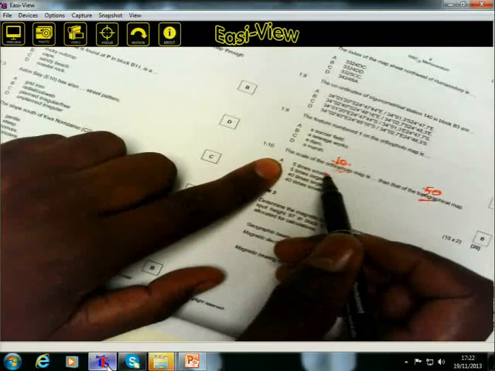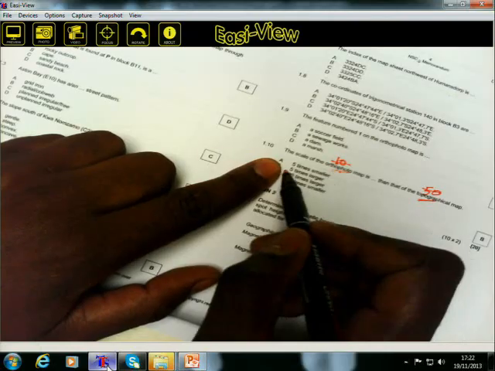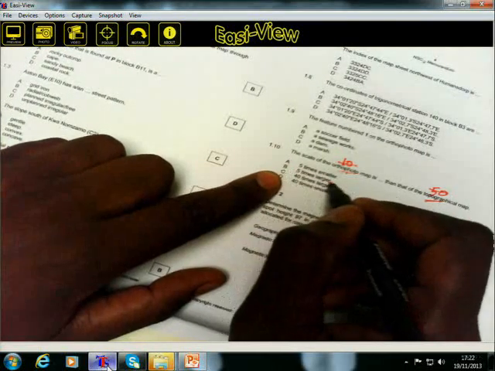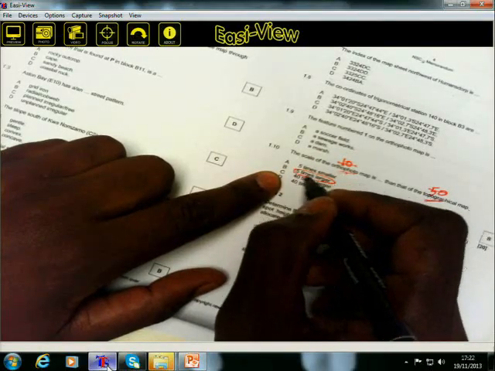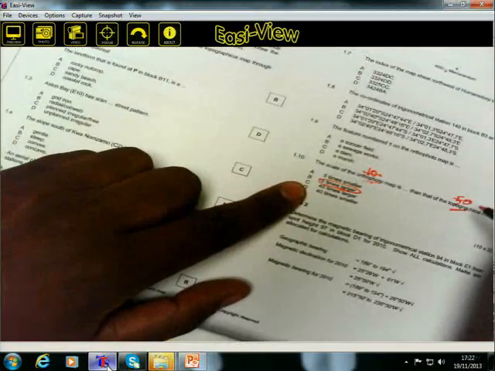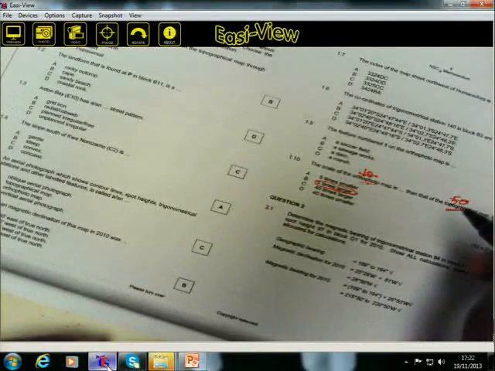But be careful. It says 5 times smaller or 5 times larger. Then the correct answer will say your orthophoto is 5 times larger than the topographical map because it has a clear detail, the resolution that we talked about under GIS.